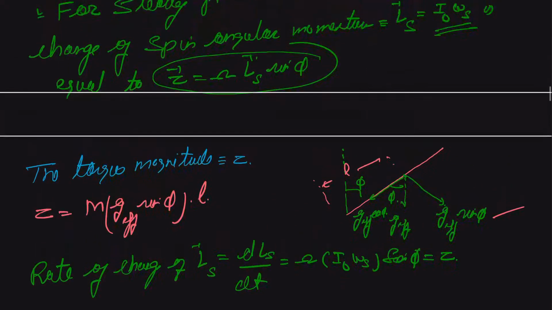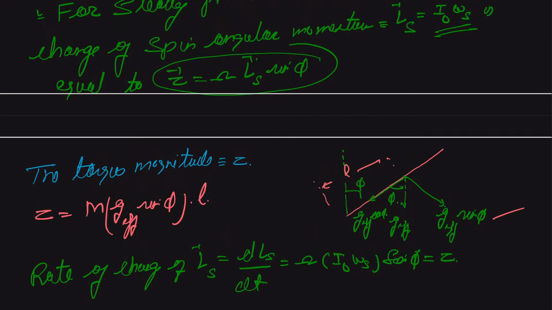And therefore we can just equate them. For Ls we can also draw this figure, because we know that our spin angular momentum, that is Ls, is along the axis, and this angle is phi, and this is our omega, that is the precession rate. This precession rate we can divide into two components.